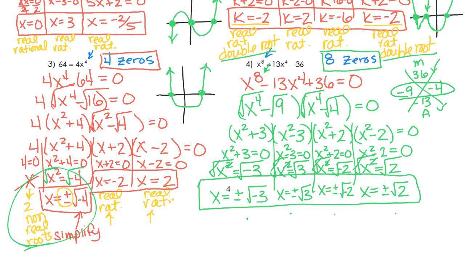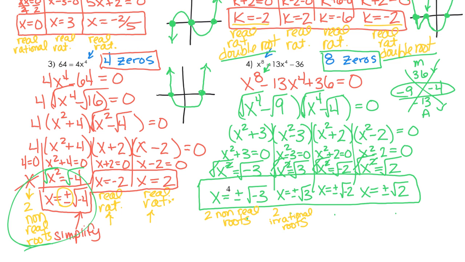All right, they want us to classify these, so because this is a negative, this is going to be 2 non-real roots. This doesn't have a negative underneath the square root, so these are going to actually be real, but the square root of 3 is not a nice number, so these are going to be 2 irrational roots.